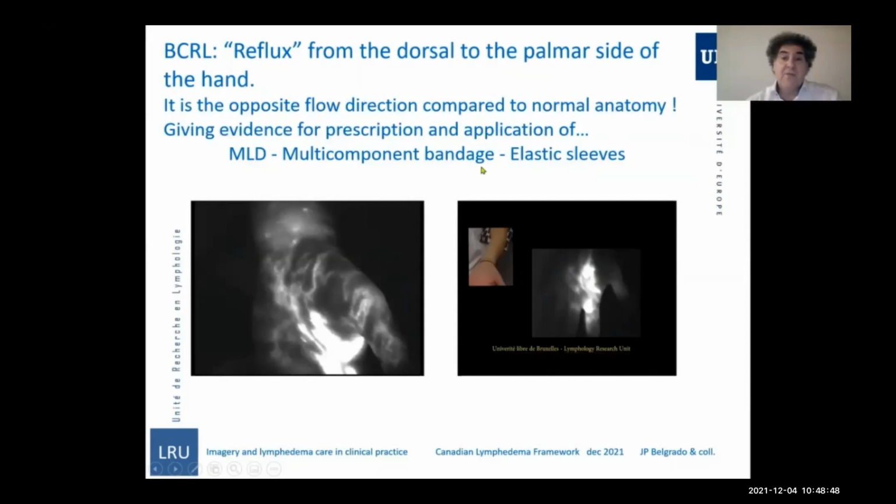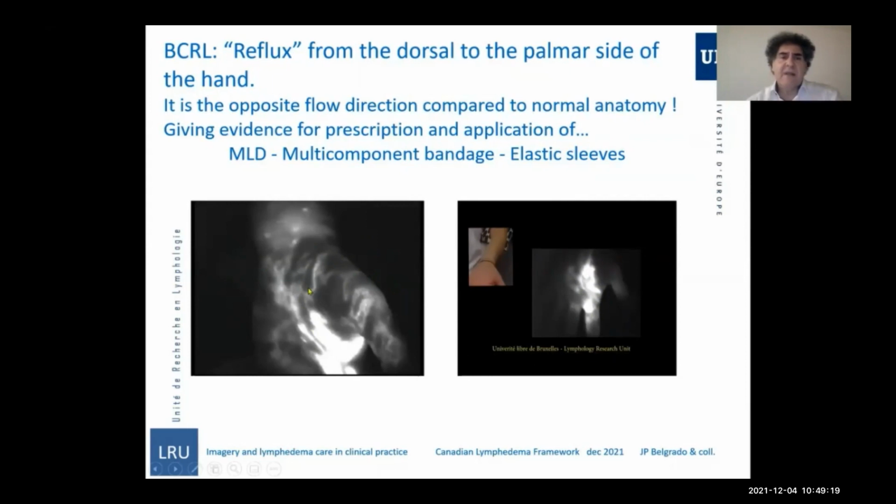For therapists, knowing that there's a reflux in the hand and that this reflux is useful for drainage, the physiotherapists and kinesiotherapists who are going to place the multi-component bandage will take care of the hand, making sure it's not too compressed by the bandage, so as to let these fluids naturally reach the palm of the hand in as much as possible to be able to penetrate the deep lymphatic network.